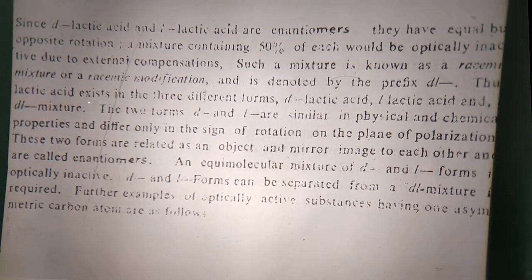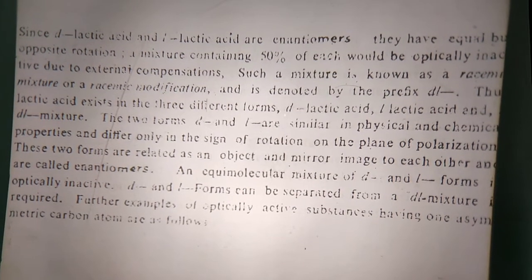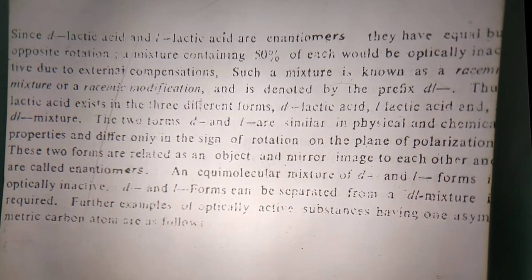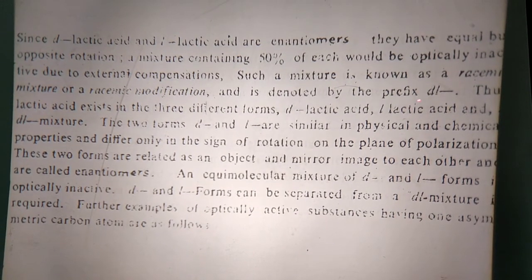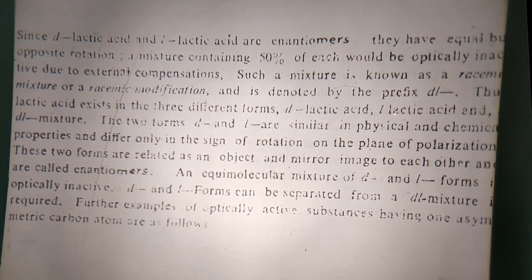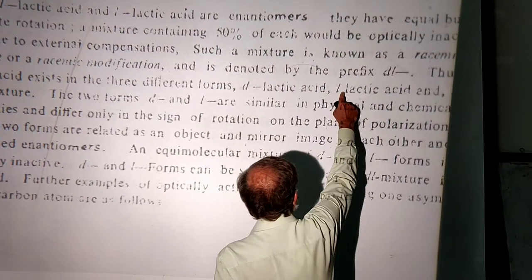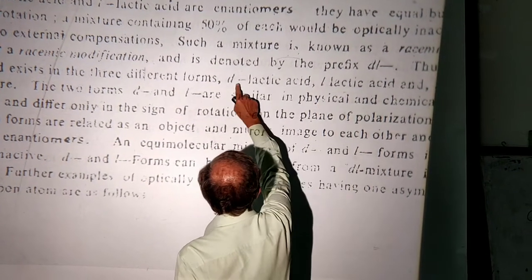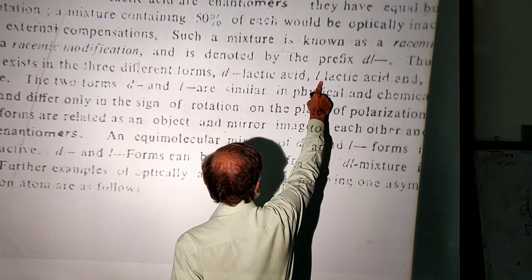Thus, lactic acid exists in three different forms. D-lactic acid as it is, L-lactic acid as it is. There should be a dash here, it is missing somewhere in the book.